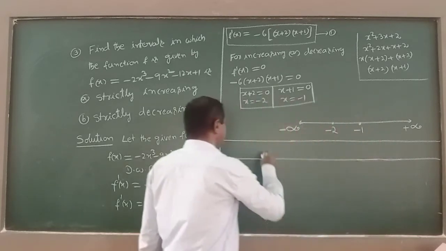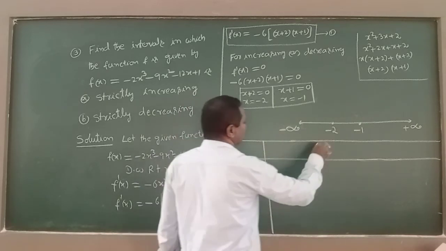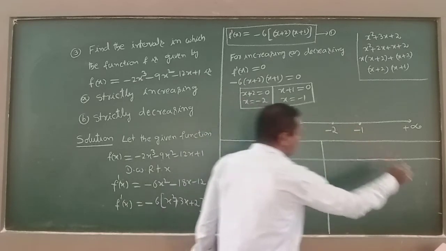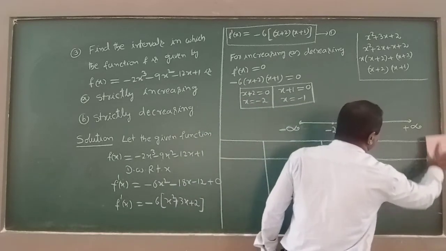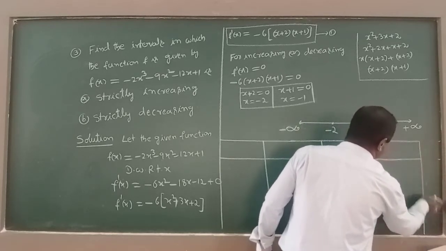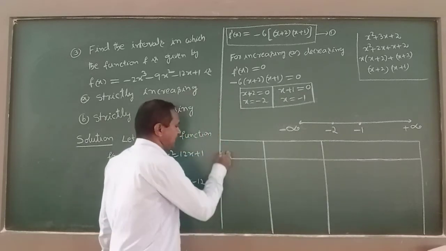See here, one is intervals. The first column is intervals. The second column is sign of f dash of x. The last column is the nature of the function, where we can write strictly increasing or strictly decreasing function. Now the first column is intervals.